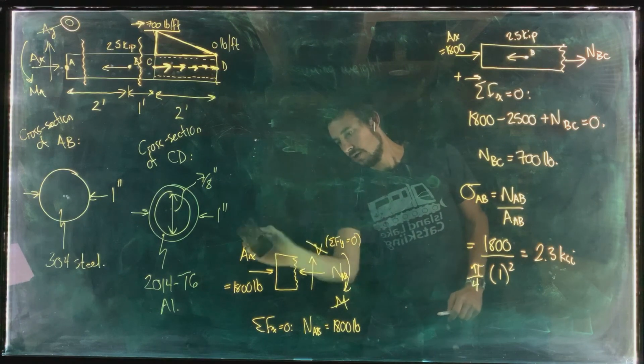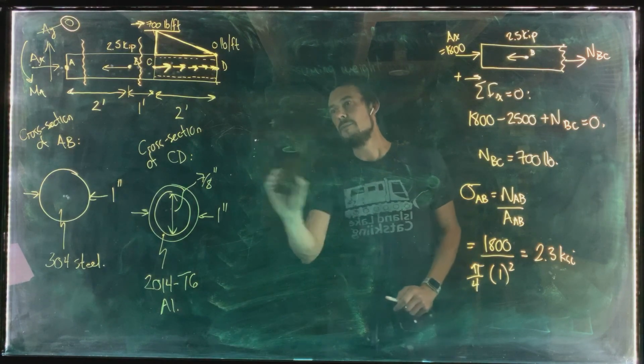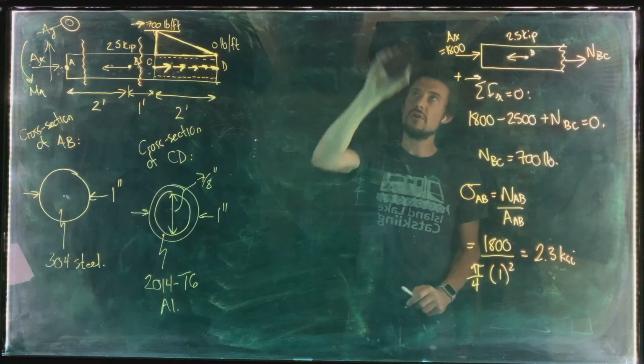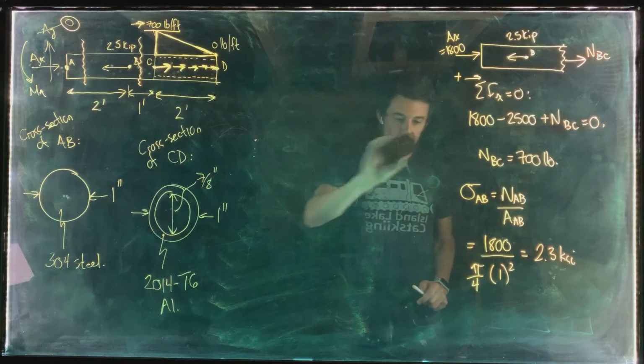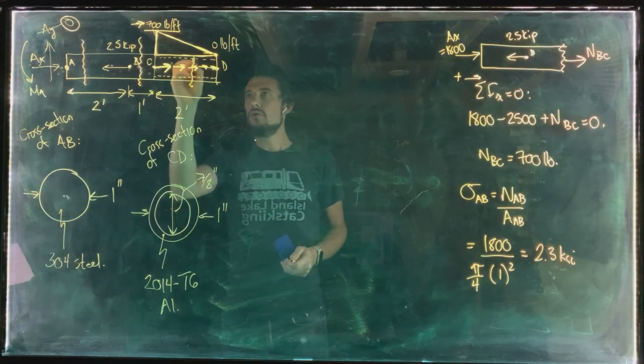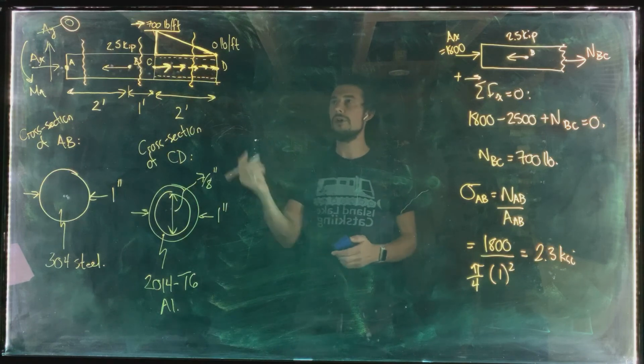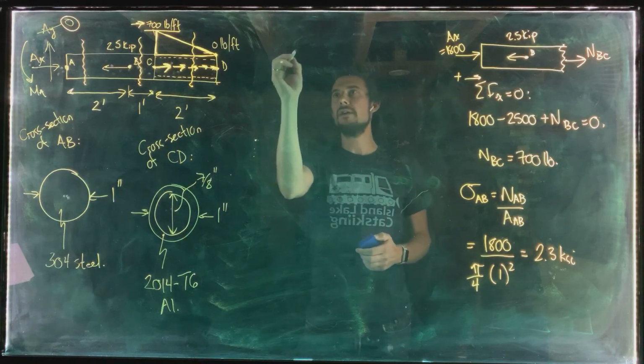So what we're going to do now is look at what is the maximum internal normal force within that tube portion. Okay, so let's do a section cut just somewhere in between point C and point D there.